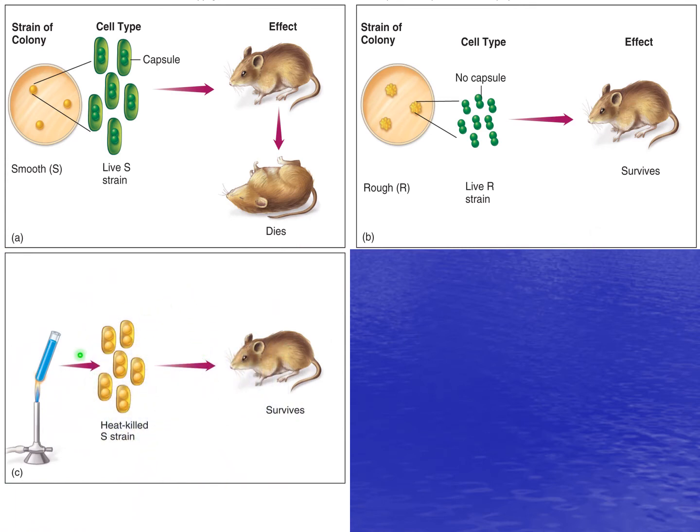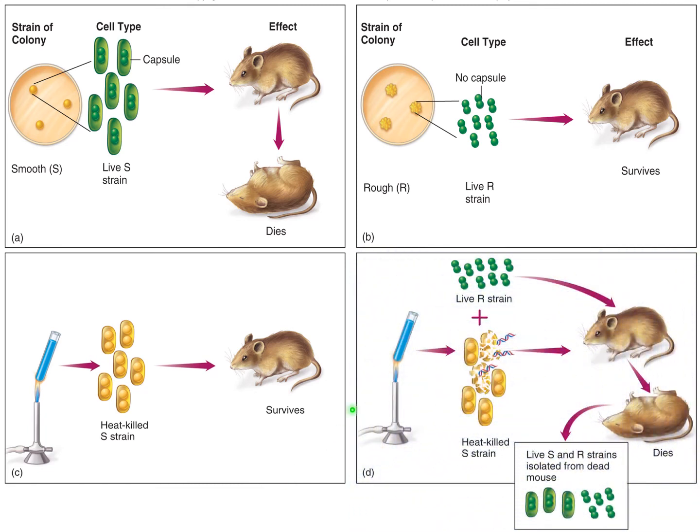Then Griffith took some encapsulated Streptococcus pneumoniae in pure culture, and then heat killed it. He injected the heat-killed encapsulated strain into the mouse, and the mouse did not get sick and did not die, and he was unable to actually isolate anything from the mouse. But then he came up with this idea.